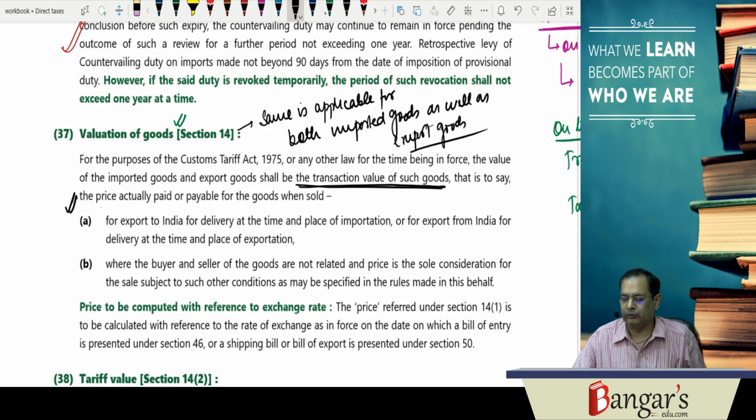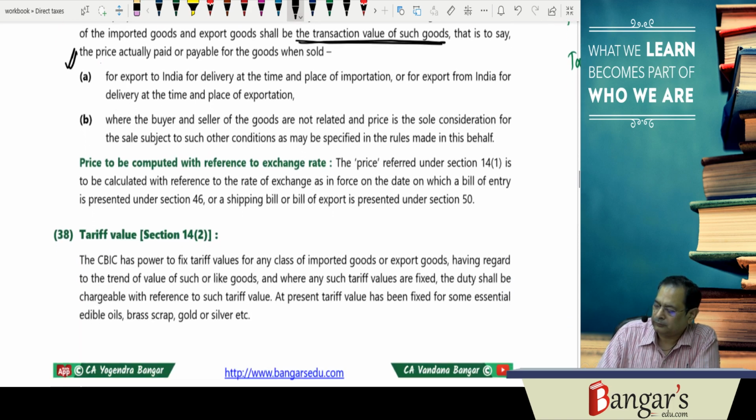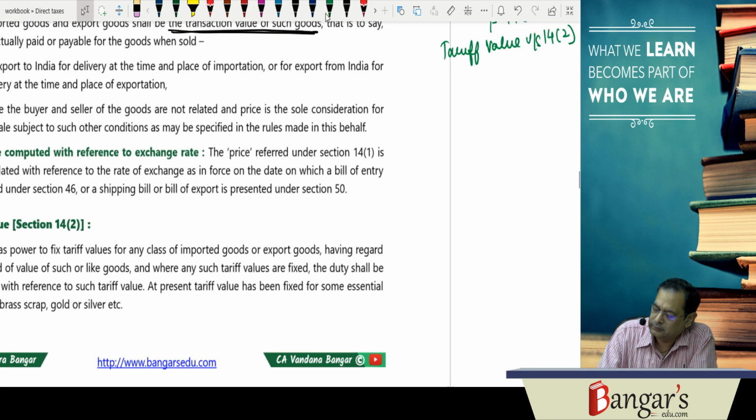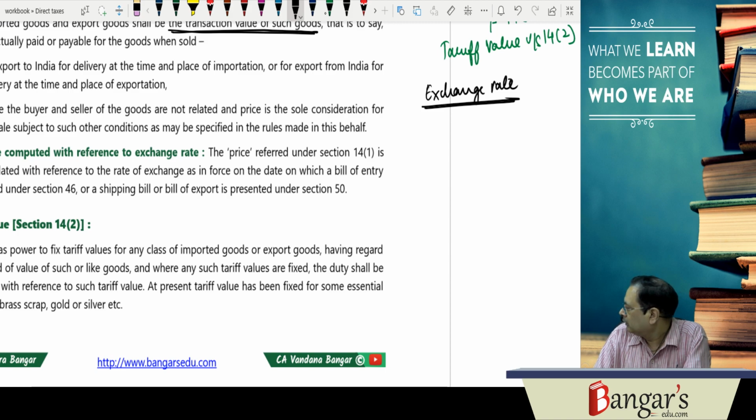Now here we have to calculate the exchange rate for converting the foreign currency into Indian currency, or Indian currency into foreign currency.